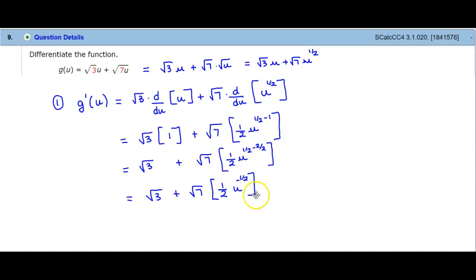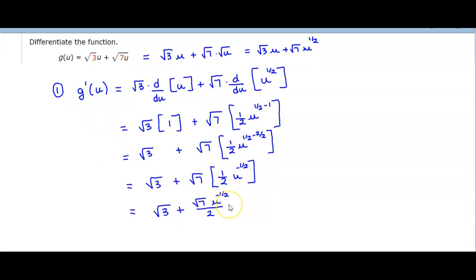Okay, and so now what we just do is rewrite this using our negative exponent. So this is going to be the square root of 3 plus the square root of 7 u to the negative 1/2 over 2. So that's one way to write that.